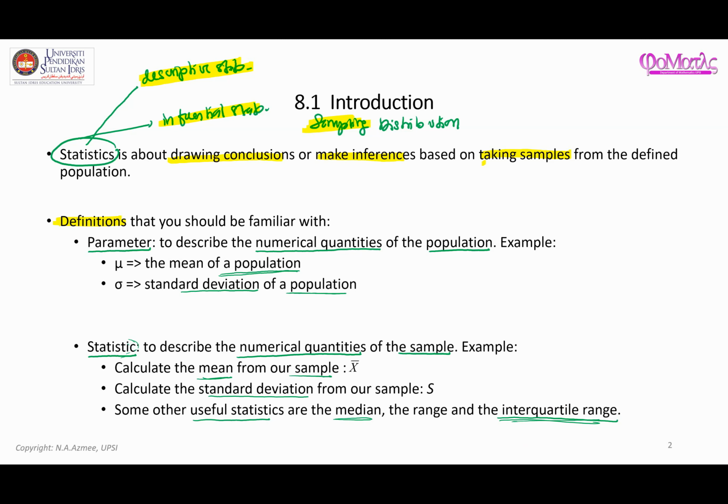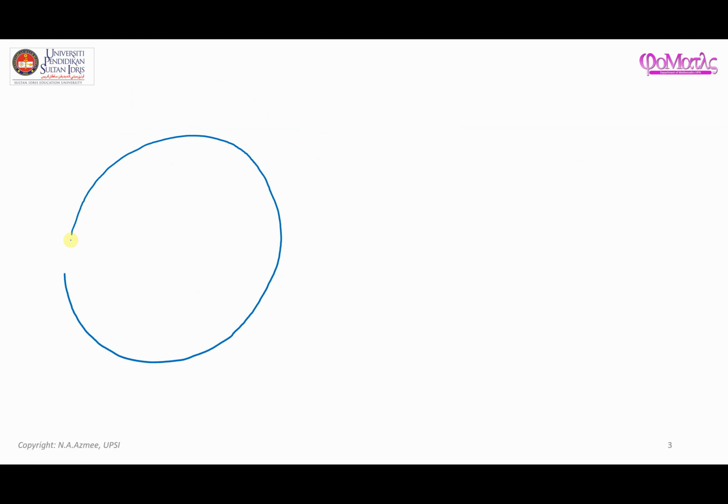Now, let me talk about the idea of making inferences a little bit more. Let's say that here is your population, and you are interested to study a certain random variable. X here represents a random variable. It represents the value of the elements in the population.